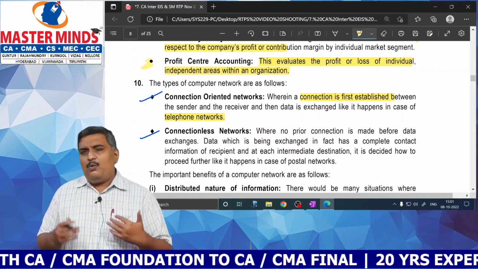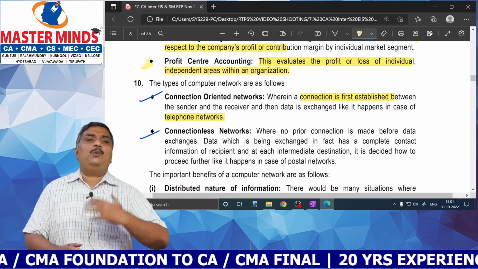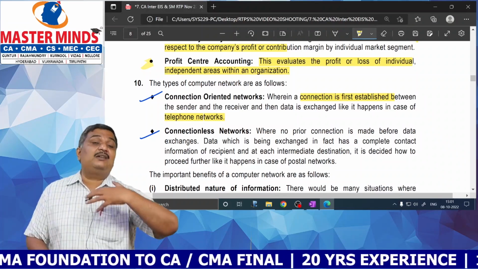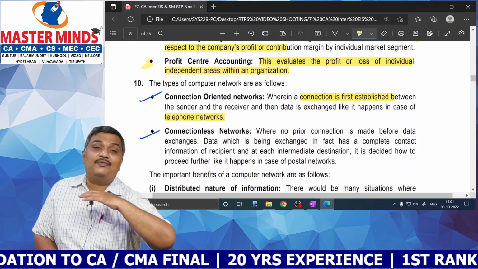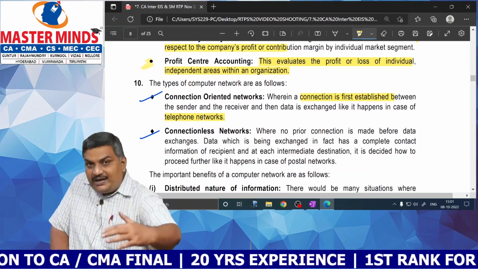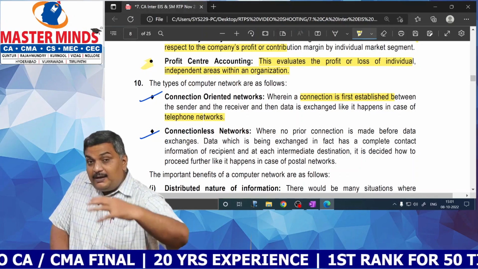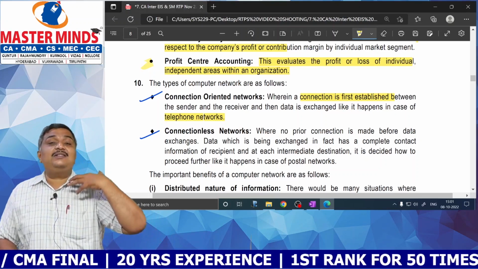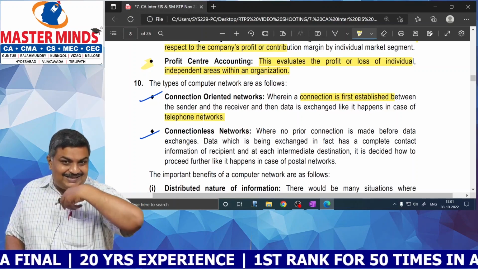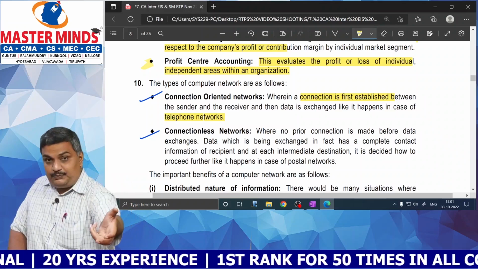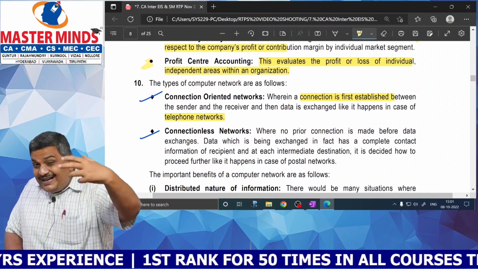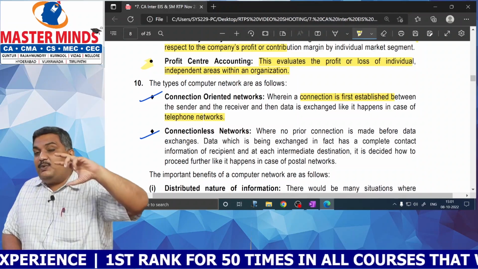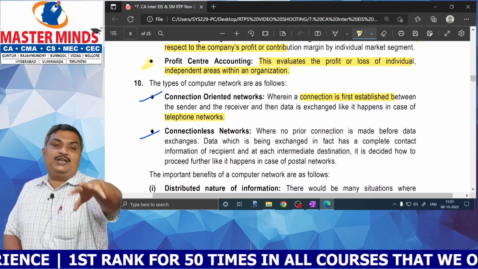Now what is the second one? Connectionless network. What do you mean by connectionless network? I want to communicate something to you, but there is no need of any fixed dedicated line of communication between you and me. So what is required? I can just drop you a message and the message reaches you in different ways. There is no need of dedicated established connection between you and me for the communication to happen.